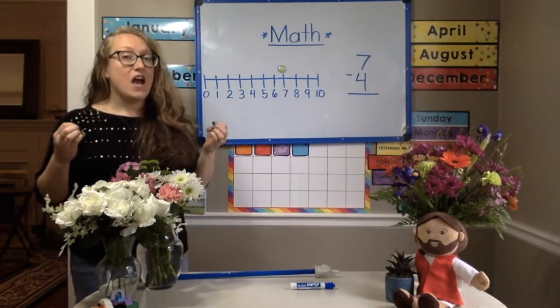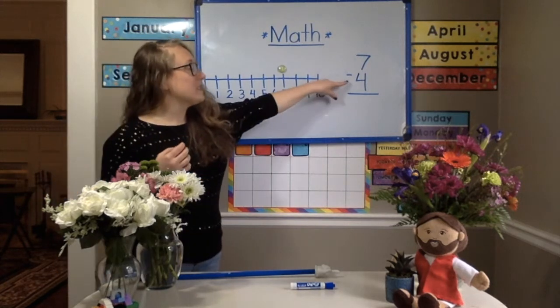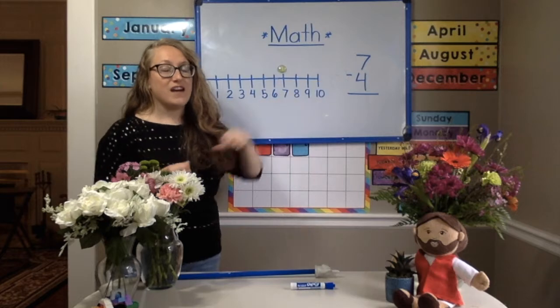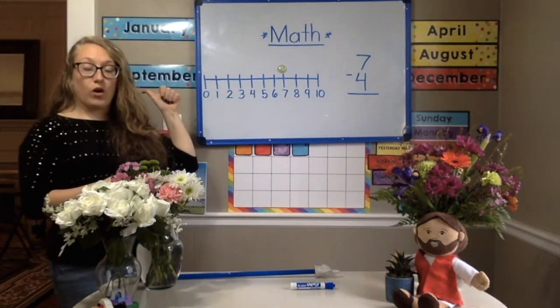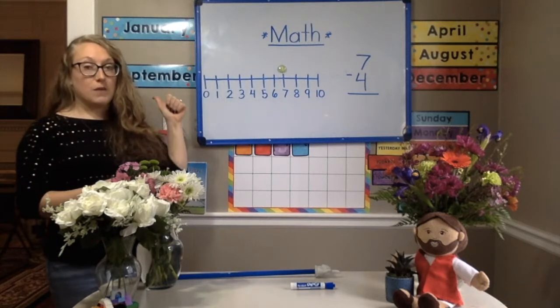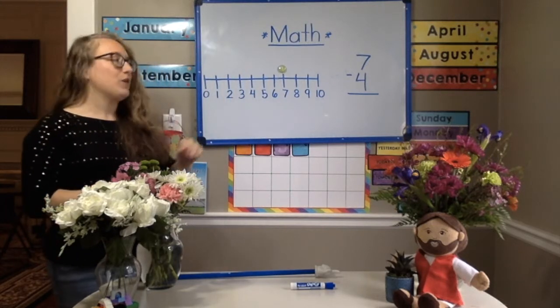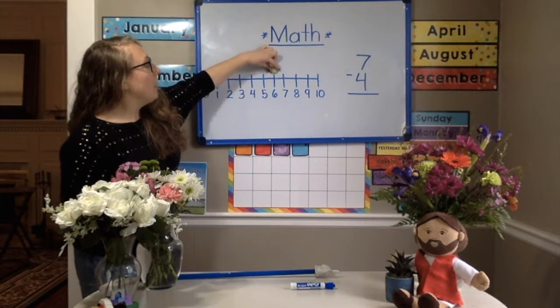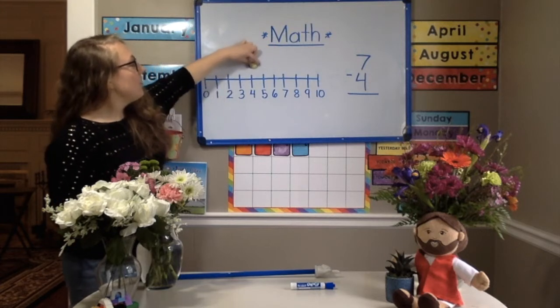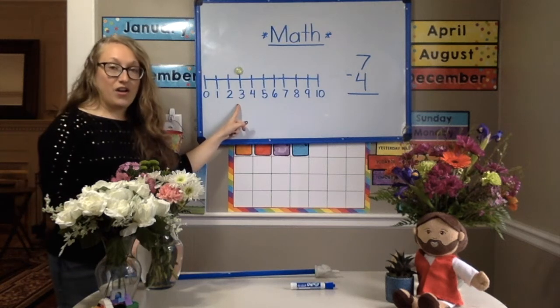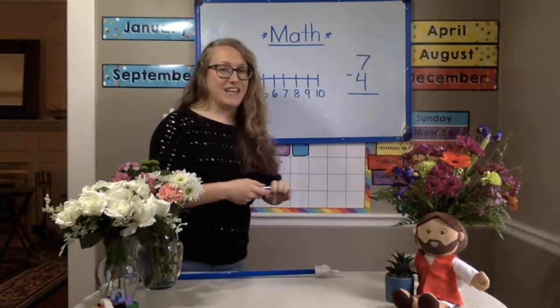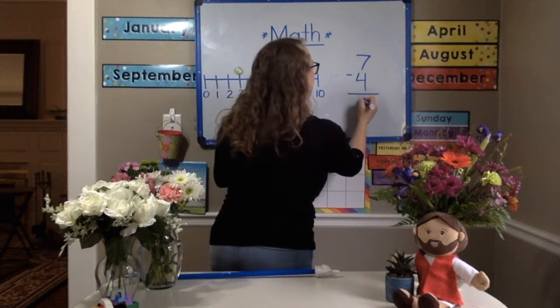How many spaces backwards do I need to hop? I'm going to hop 4 spaces backwards toward the small numbers. Okay, here we go. Count with me. 1, 2, 3, 4. And I landed on the number 3, kindergarten.